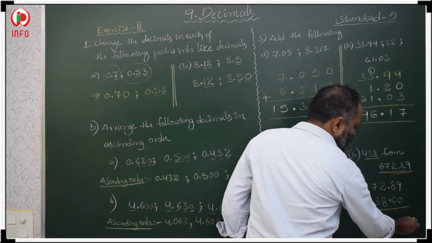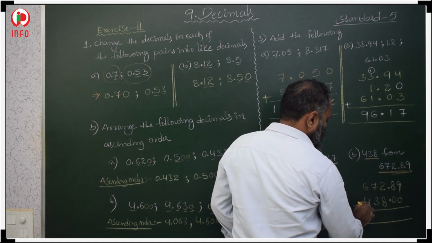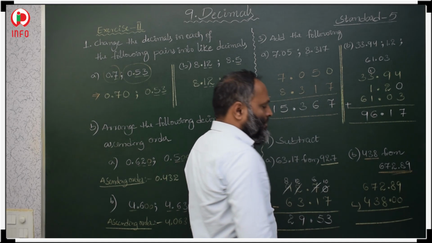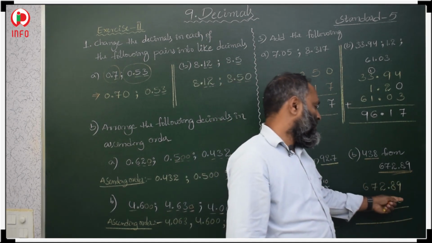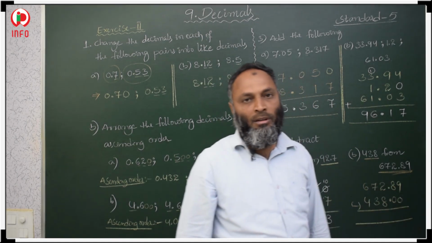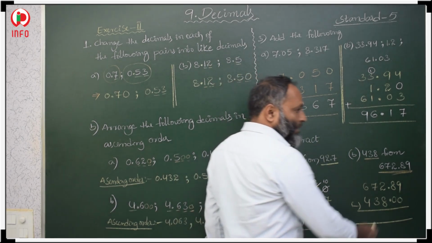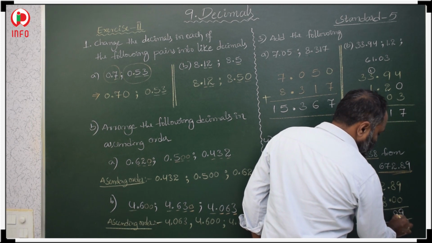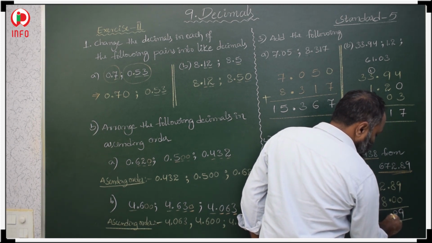Then now subtract. 9 minus 0. When 0 is subtracted from any number, the answer is the number itself. 9 minus 0 is 9. The same, 8 minus 0 is 8. Point.